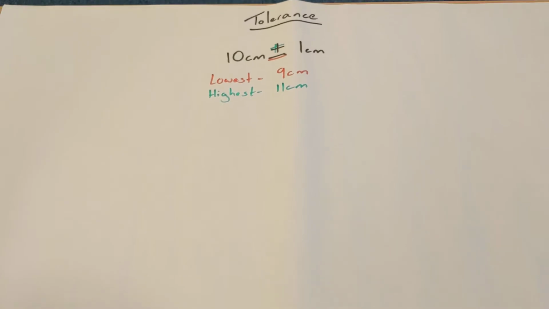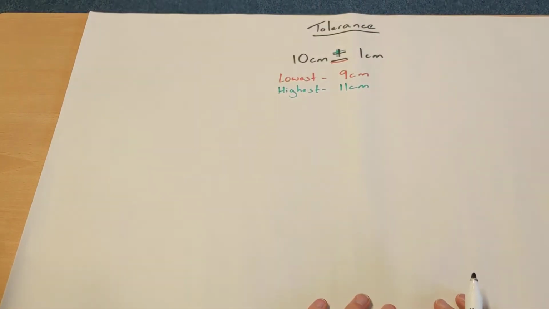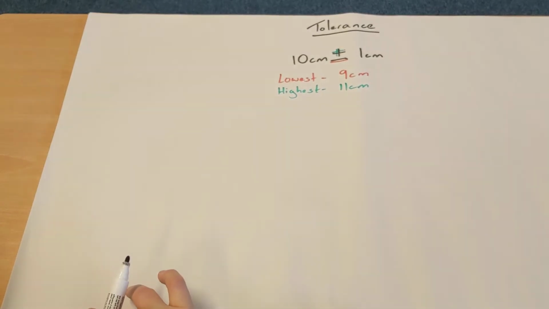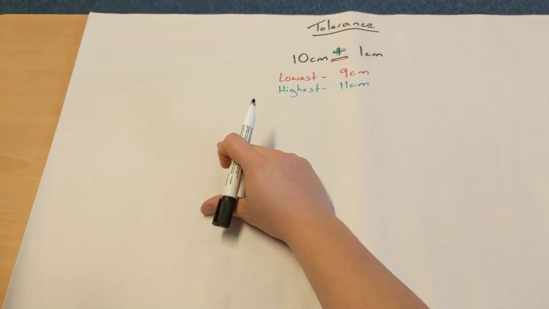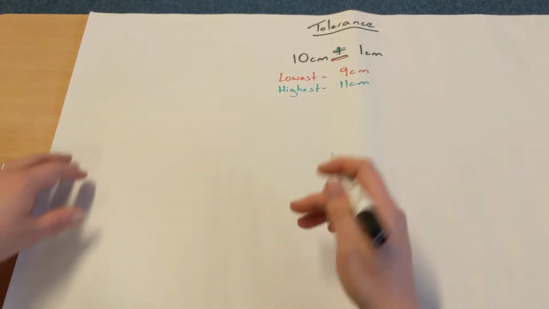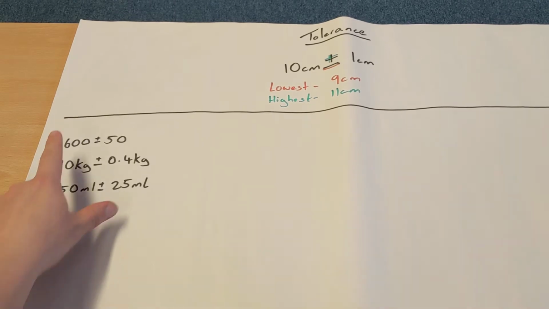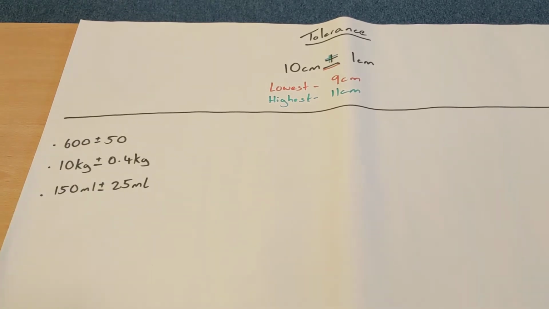Now, this is very simple. It's just some basic adding and subtracting. So I'm going to write some examples down here, and we'll just then write after what the highest value is and what the lowest value is. So let's have a look at these then. With the first one, we've got 600 plus or minus 50.